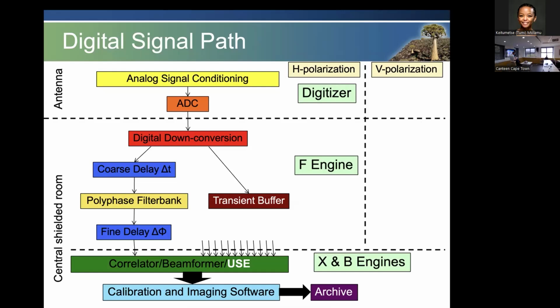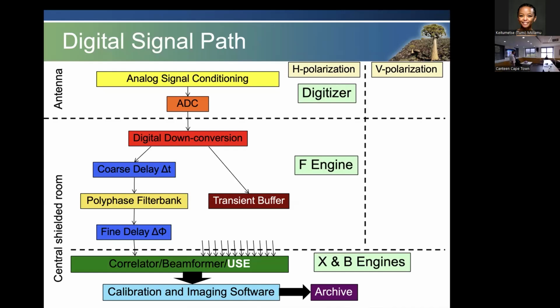Also, the great thing about the filter bank is, as I said earlier, we need an analytic signal. Now, everything that's happening in the first bit of this is dealing with real signals. We get real voltages coming out of our antenna. The ADC doesn't do anything magic. The ADC just gives you real samples of the voltage.